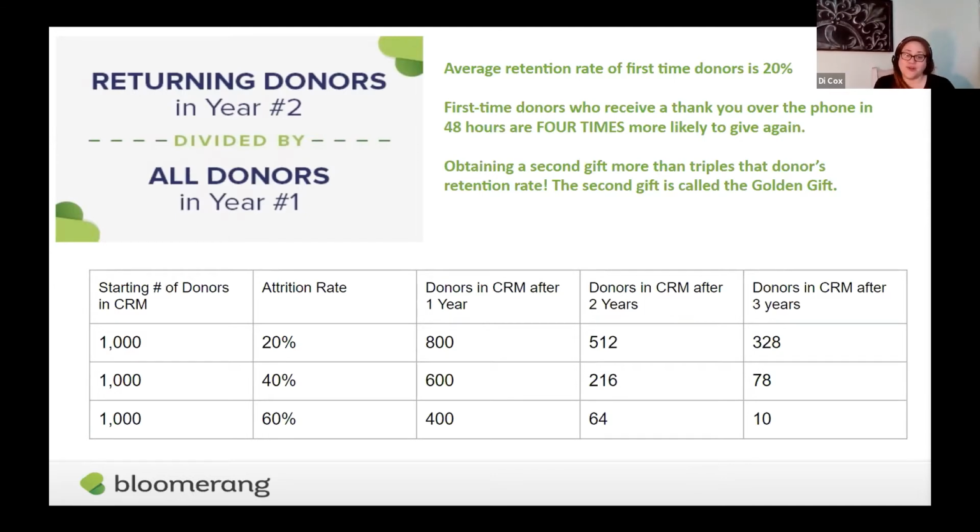So first-time donor cultivation is really essential. Those who receive personal thank you calls within the first 48 hours are 4 times more likely to donate to your organization a second time. And to head off the next question, not everyone is going to provide their phone number. That's reality.